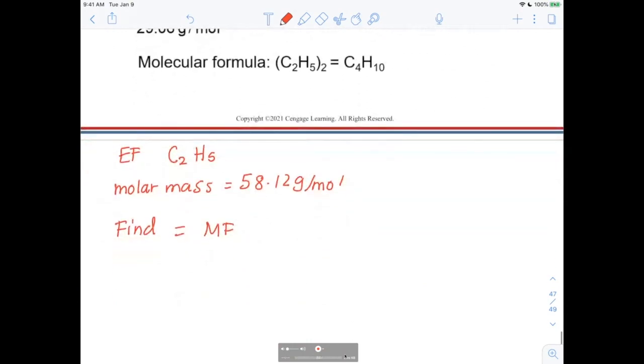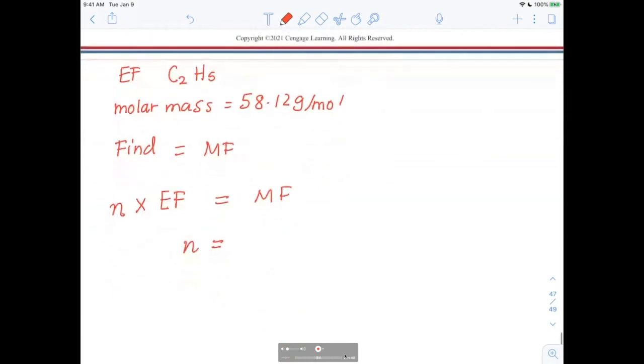So remember, empirical formula is related to molecular formula if you multiply the empirical formula by that greatest common factor. Or as I said earlier, the greatest common factor is equal to molecular formula mass divided by empirical formula mass. If you can get the mass of the molecular formula divided by the mass of the empirical formula, you get what N is.